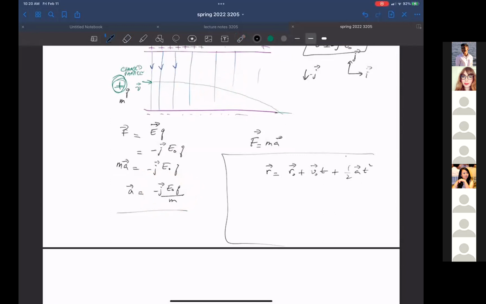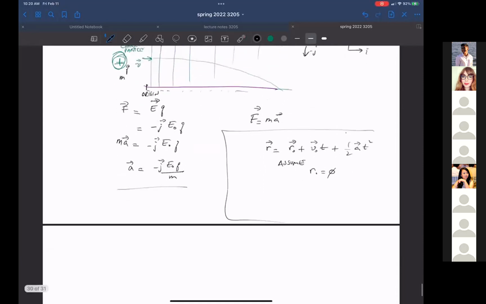Assume we set the origin here, and so the starting point R0 is equal to 0.